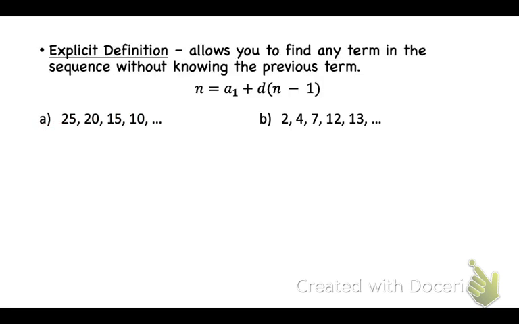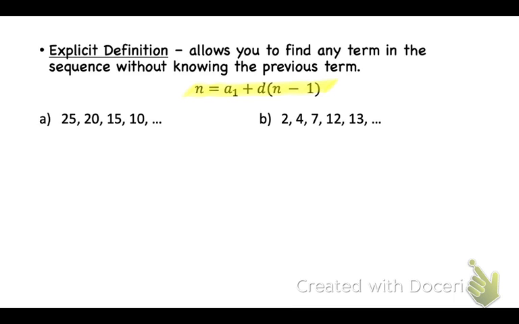Okay, so explicit. Now, recursive meant you had to have a previous term, yes? Explicit allows you to find any term in the sequence without knowing the previous term. Wouldn't that be amazing? And how we can do that is right here.